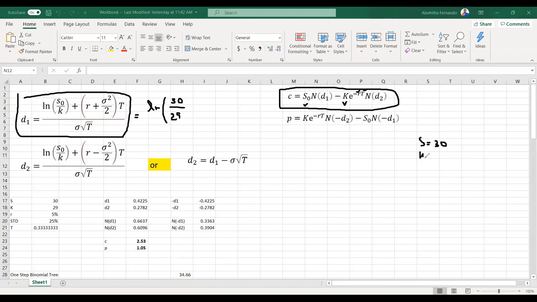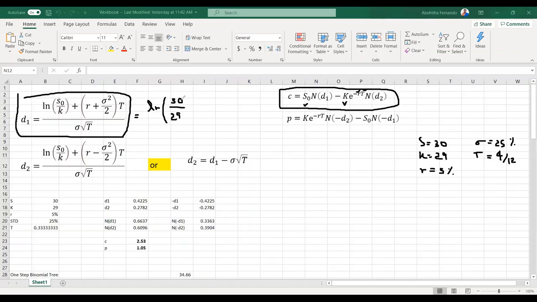The exercise price was 29. The risk-free rate was 5%. The volatility, the sigma value, was 25%. And the time to maturity will be 4 months, that is 4/12.